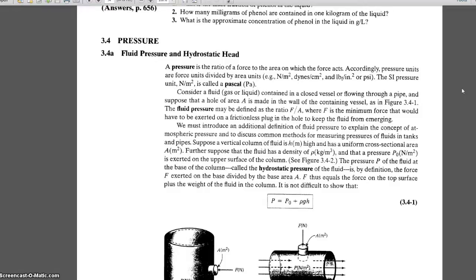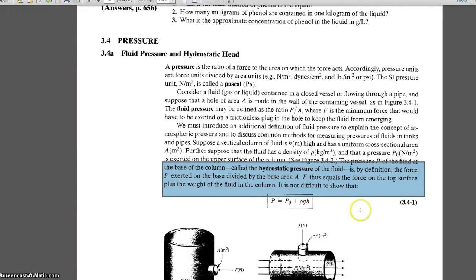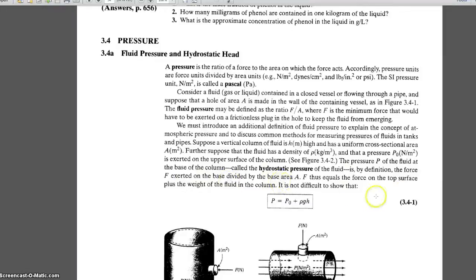So that defines pressure, and now let's look at hydrostatic pressure. The pressure of fluid at the base of the column is called hydrostatic pressure. By definition it is the force exerted on the base divided by the area.